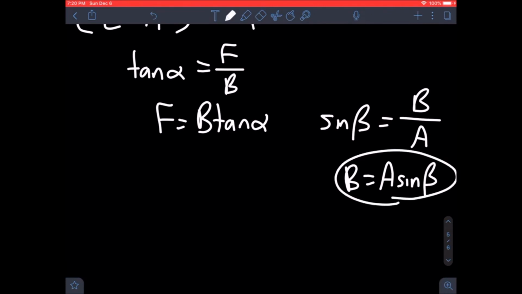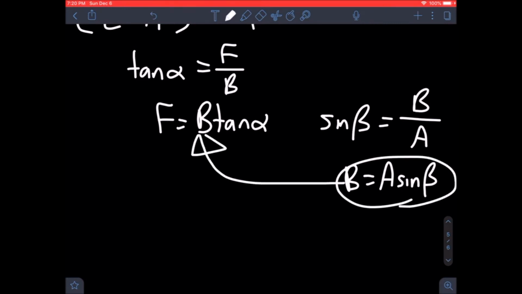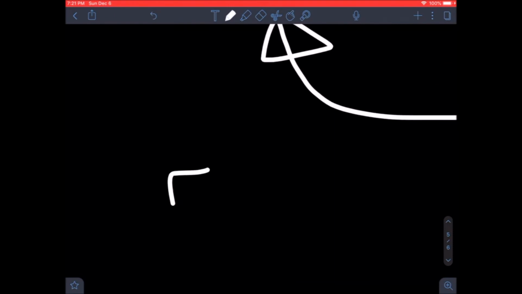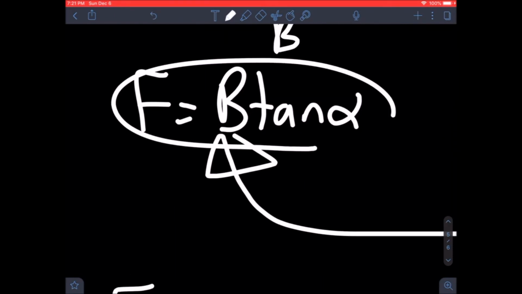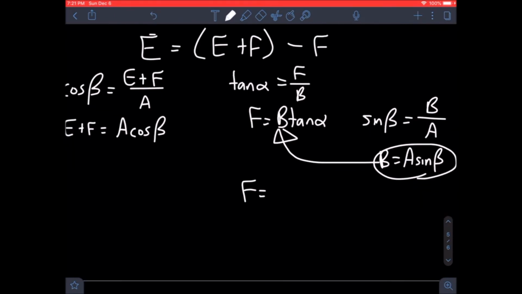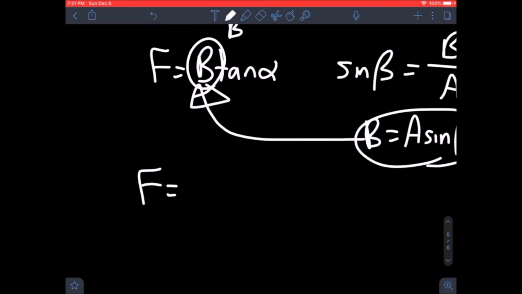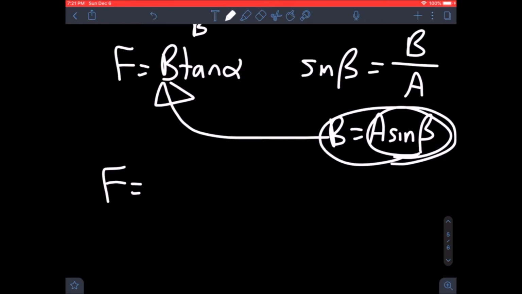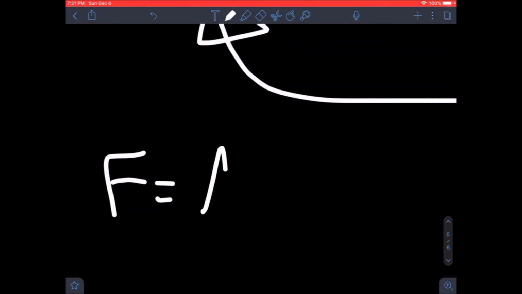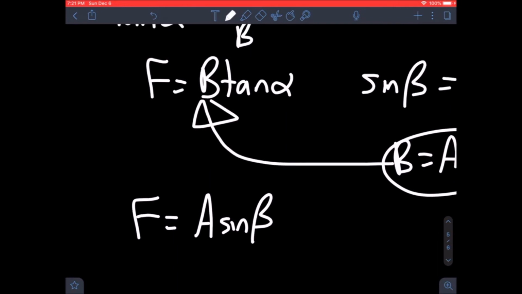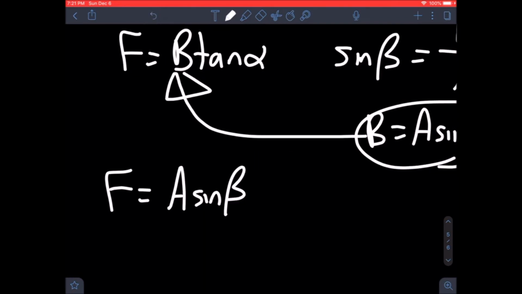So the next thing that we have to do is substitute, right? This right here is B in terms of A. We take B and place it in here. Basically, we have F equals B tan alpha, and we just rewrite B as this. So we get A sine beta, which is just B, and we multiply it by the tan of alpha.